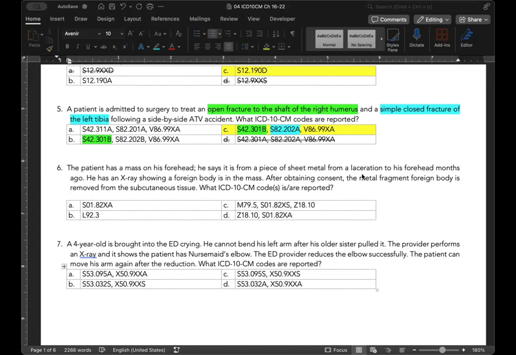Am I making sense? So, is there active treatment happening at the site of the laceration? And that's why the patient has come in.